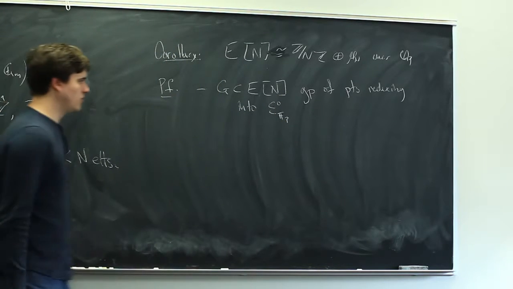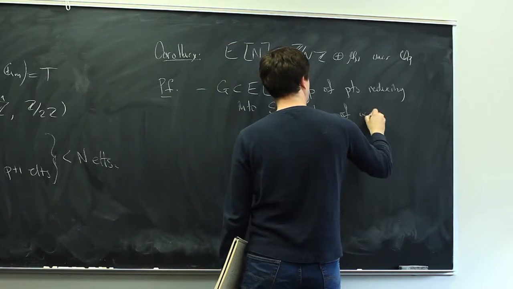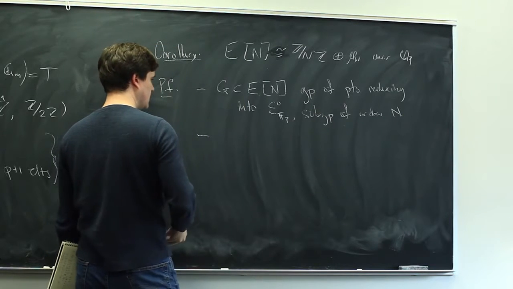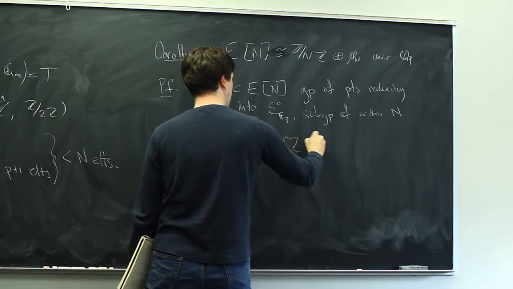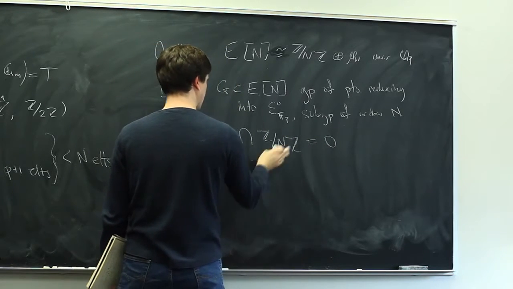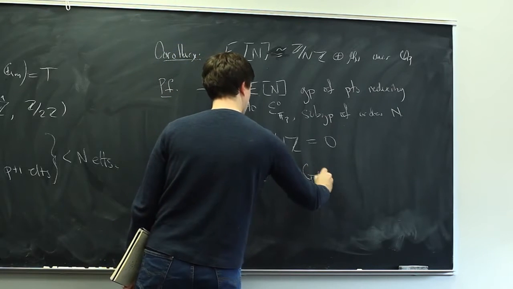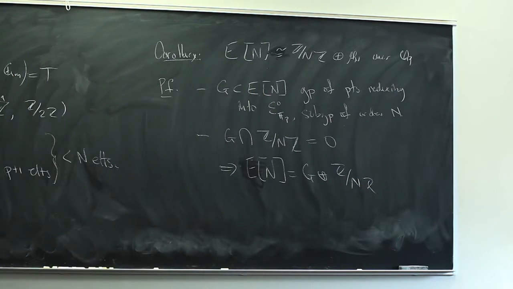So this is a subgroup of order n. And by what we just proved, it doesn't meet the Z mod nZ generated by our P. And so that implies that our E[n] is the direct sum of these two things. So that just shows that Z mod nZ has a complementary space, and it has to be mu n by the Weil pairing.